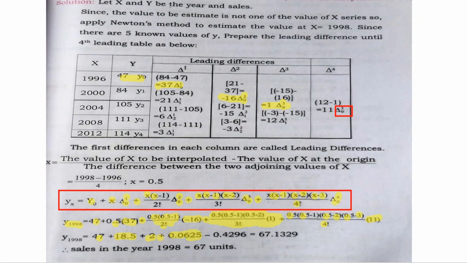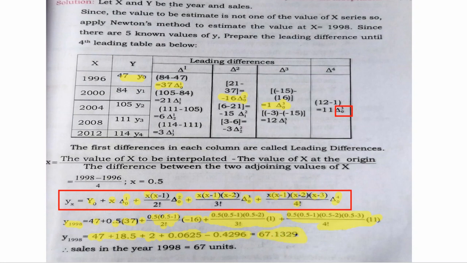Next, if I simplify this one, I will get minus 0.4296. So 47 plus 18 plus 2 plus 0.625 minus 0.4296, what is the value?